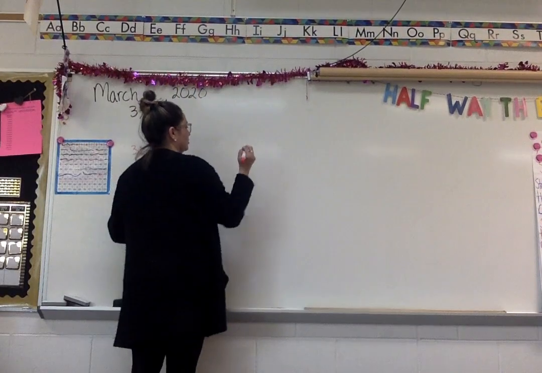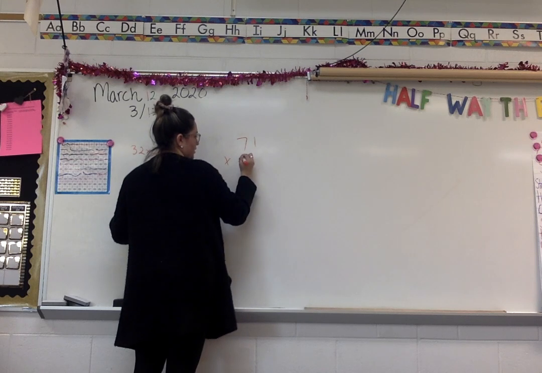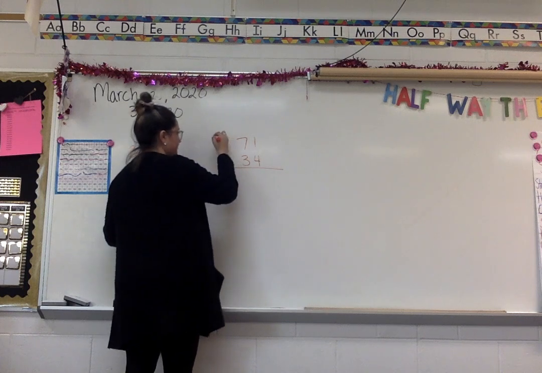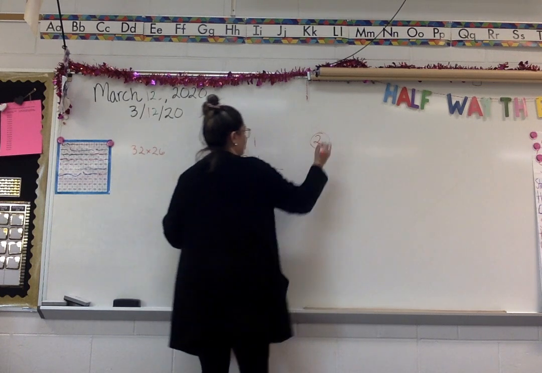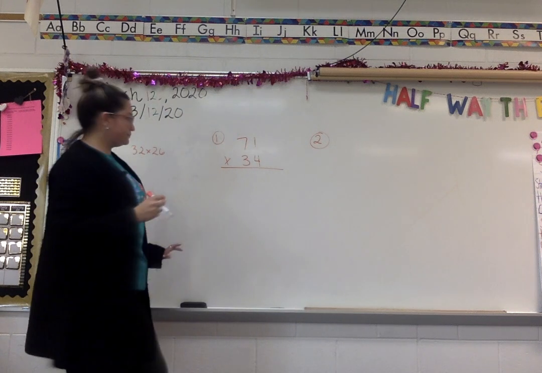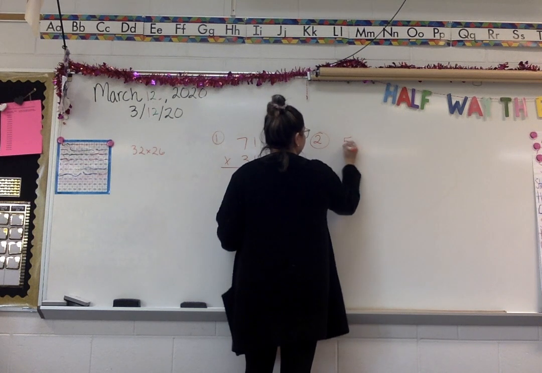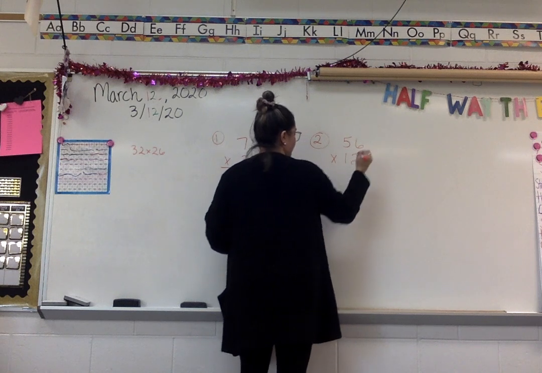So we're going to do 71 times 34. Number one. Number two, so again, number one was 71 times 34, okay? Number two, we'll do 56 times 12.